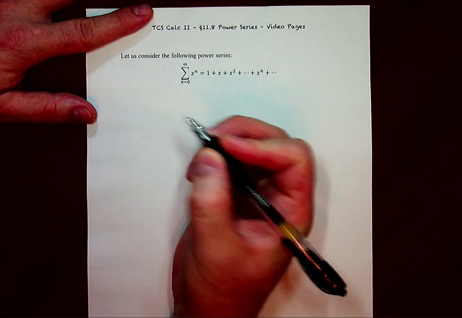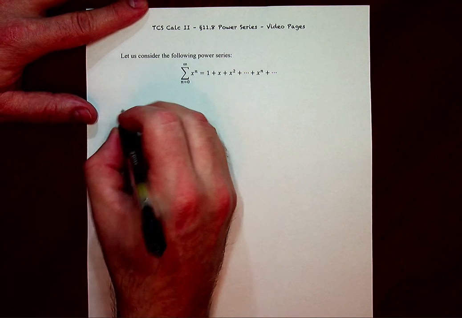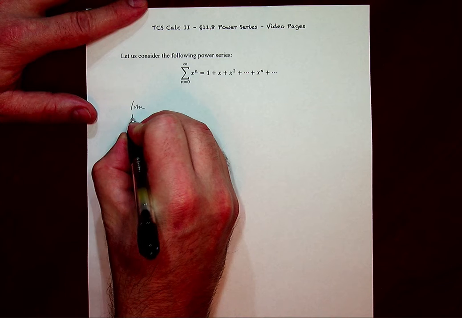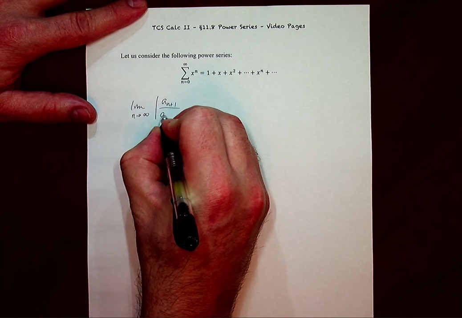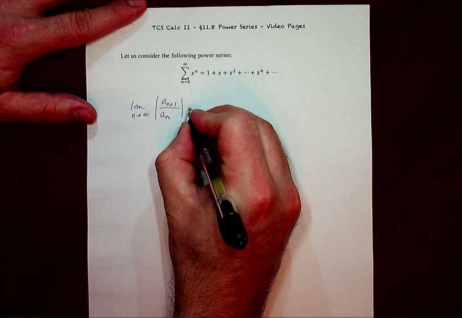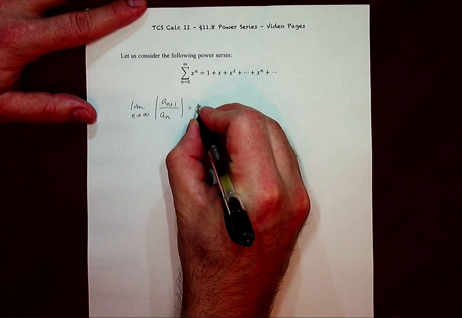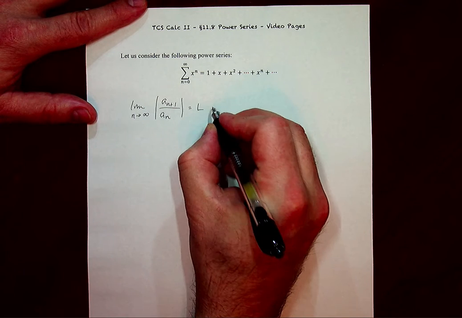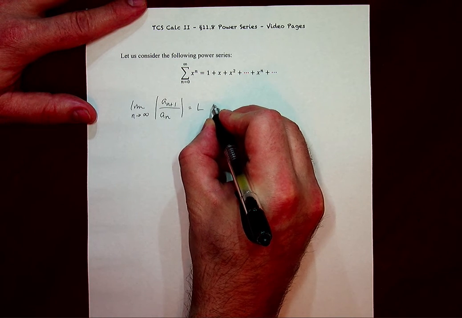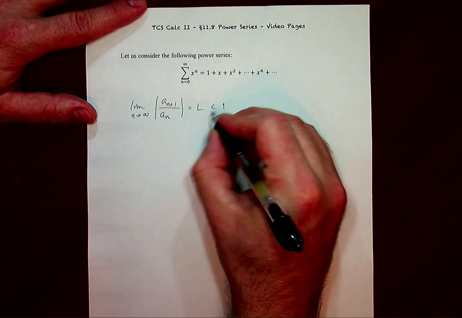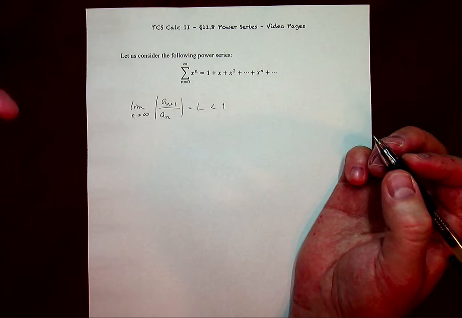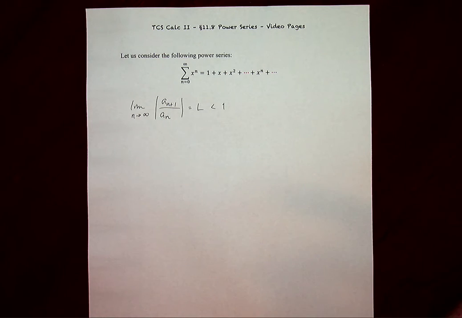Remember the ratio test, when we were dealing with numerical series: the limit as n goes to infinity of a sub n plus 1 over a sub n comes out to be some number. It converges if that number is less than 1. If it's greater than 1, it diverges. And if it is 1, then it's inconclusive.